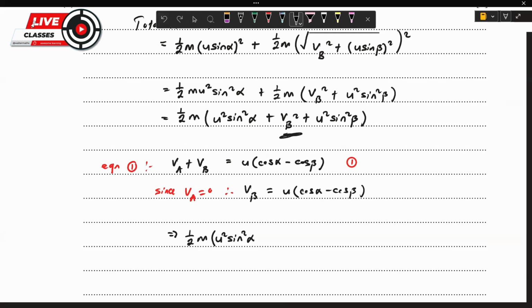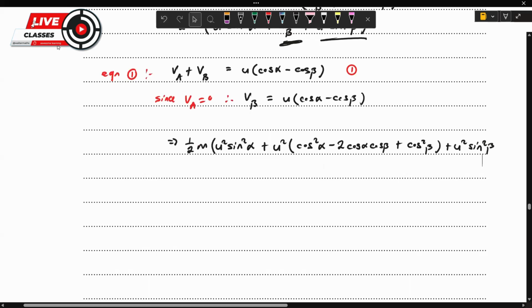So it's going to be plus u squared of, and if I square this bracket, we get cos squared alpha minus 2 cos alpha cos beta plus cos squared beta. And we're going to say plus u squared sine squared beta. Okay. So all this is under a bracket, right?